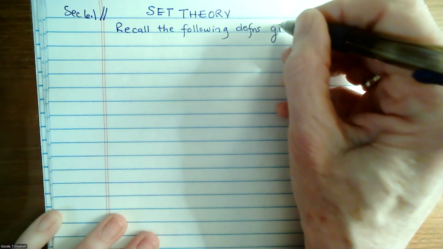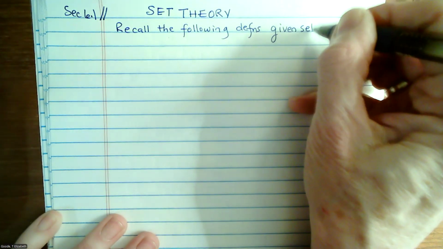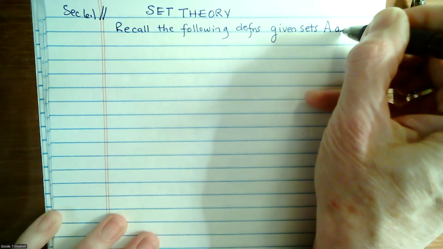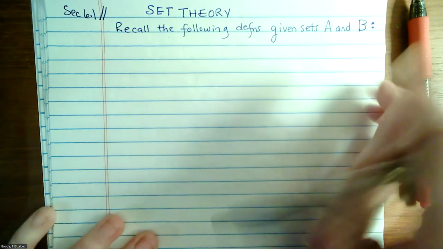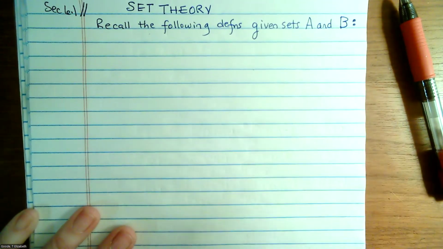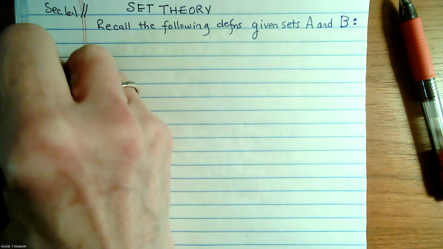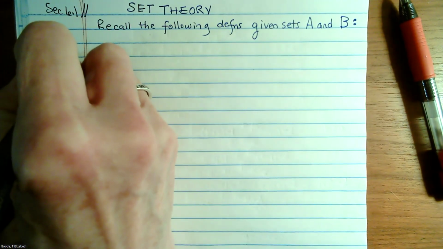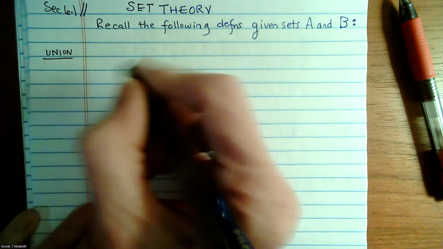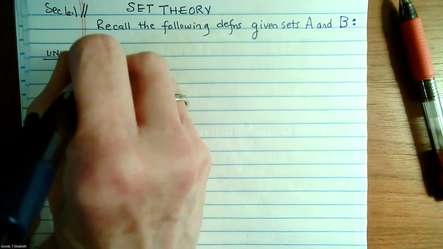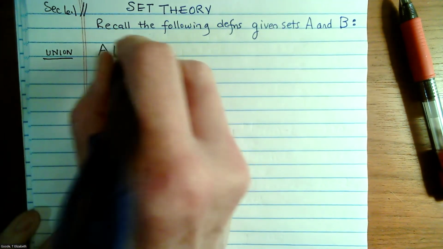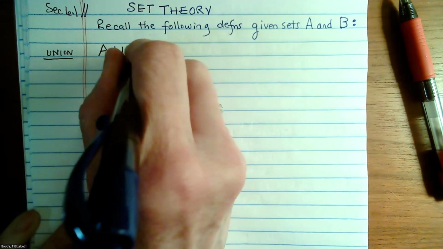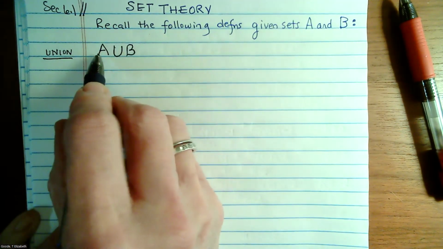Given sets A and B. All right, the first definition is the definition of union. So the notation is A with a cupped up U, no ears, B. We read this A union B.